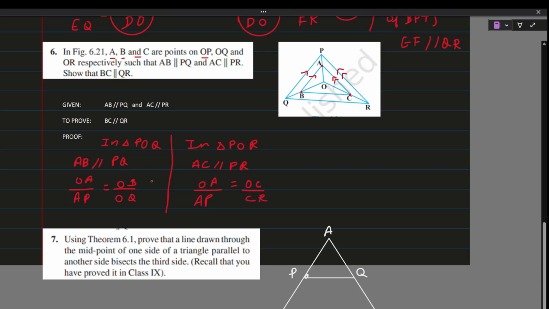Now if we look at these two equations, OA by AP is equal to OB by BQ, and OA by AP is also equal to OC by CR.